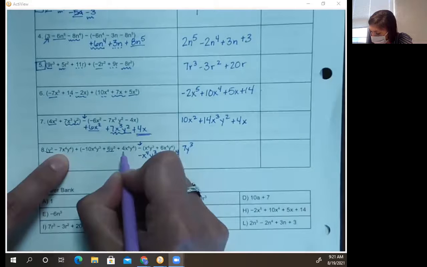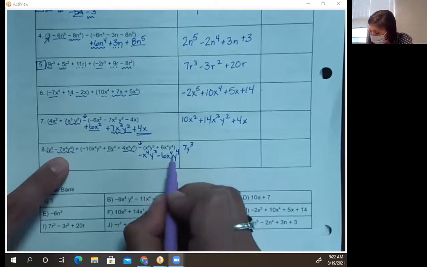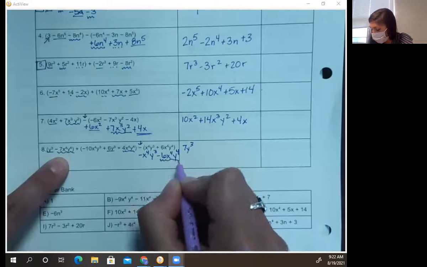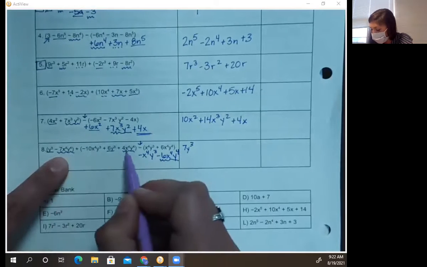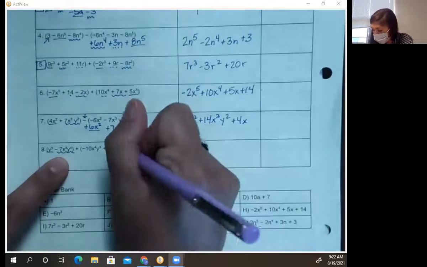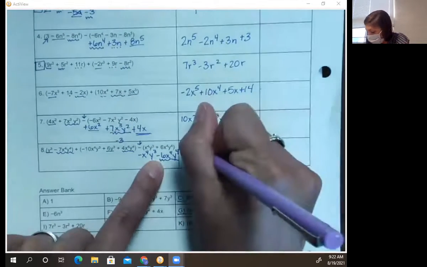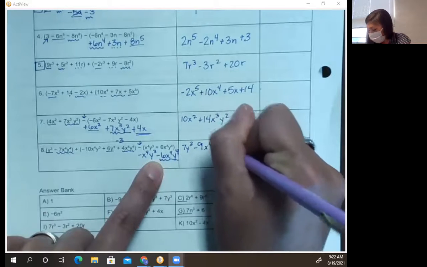This has x to the 4th, y to the 4th, so these are like terms. And then as I look at my third piece here, I've got another x to the 4th, y to the 4th term. So I'm going to combine all 3 of these. So minus 7 plus 4, that would put me at minus 3. And then minus 6 would get me to minus 9. So minus 9, x to the 4th, y to the 4th.